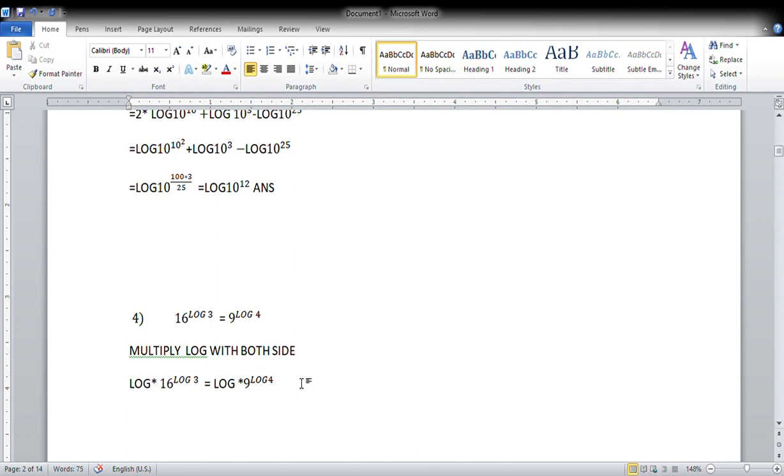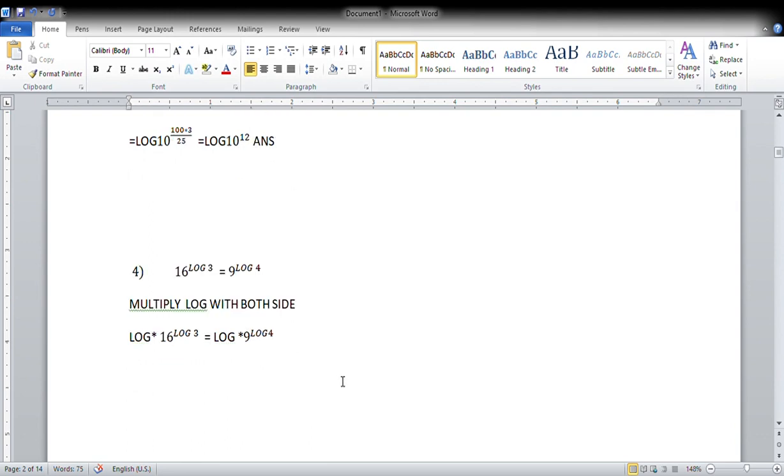So in both of the cases, what you can understand from the problem is 16 to the log 3 and 9 to the log 4, right? Both the cases log come to the left side, right? So 3 to the power 2, 4 to the power 2.